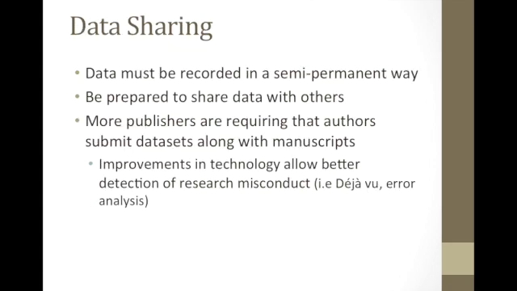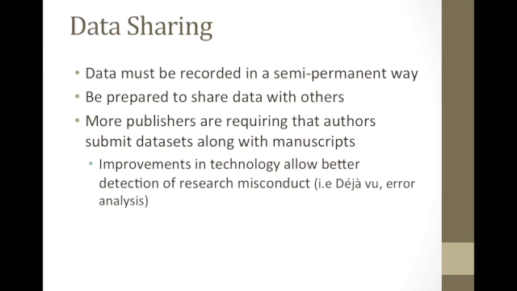In order to prevent research misconduct, a few things have started to change. For a long time, researchers have been required to record data in some sort of semi-permanent way, and it becomes suspicious if you don't have it. One of the things that happened when they tried to reanalyze Stapel's dissertation data from his PhD was that he said his data had been destroyed, he had lost it.